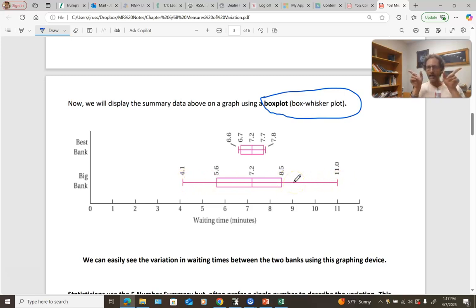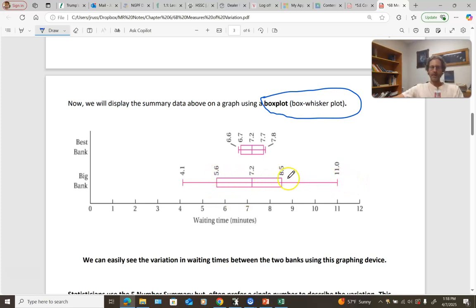So think about a cat, okay? It's got its face and it's got its whiskers off to the side. So the whiskers go out to both the minimum and the maximum. They extend from the minimum all the way to the maximum. So you'll have a line going from the smallest value all the way to the largest. And lots of times these may also correspond to outliers.